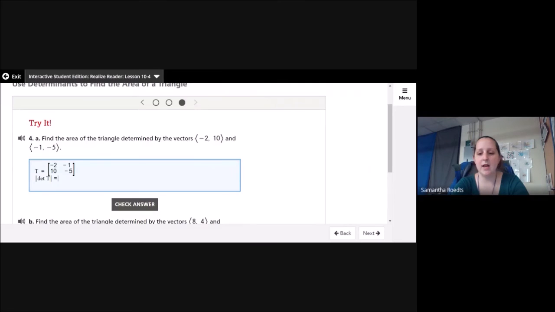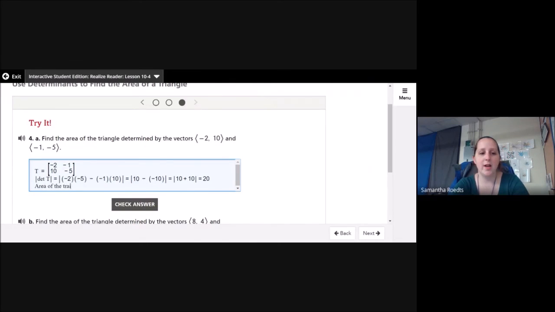In this case, I get the absolute value of -2 times -5 minus 1 times 10. This gives me 10 minus a -10, which equals the absolute value of 10 plus 10, which equals 20.